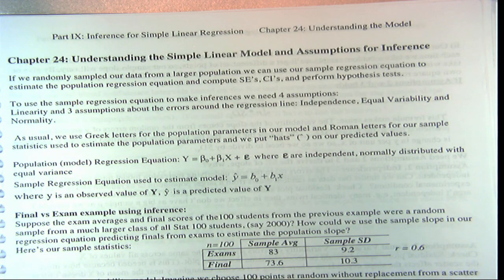Okay, so let's start. We're going to start understanding it with just a simple regression. When I say simple regression, that means just one X. We're in 2 dimensions, just one X predicting one Y. Now the idea is this.